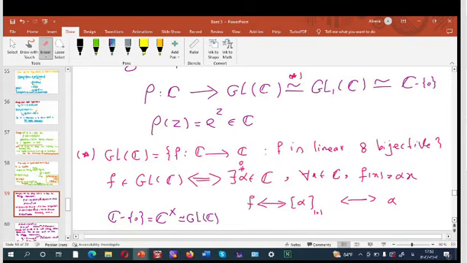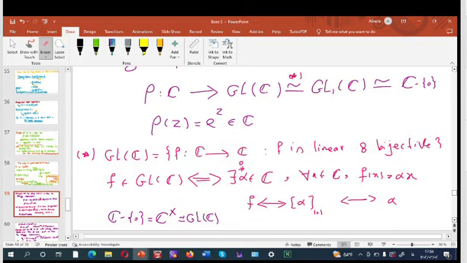We know that any bijective linear map from C to C must have this definition by this function rule: for any x, f of x equals alpha x, and this is very easy to prove.